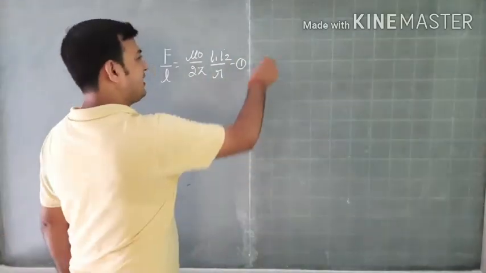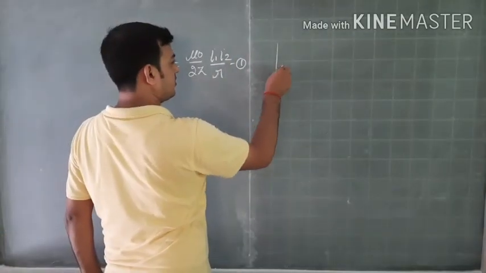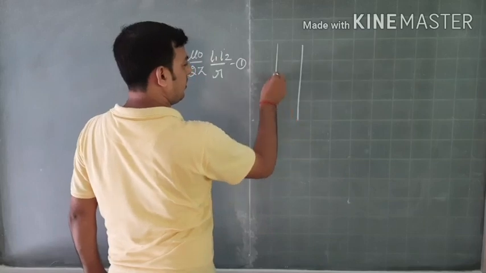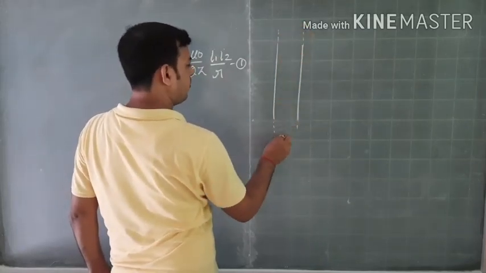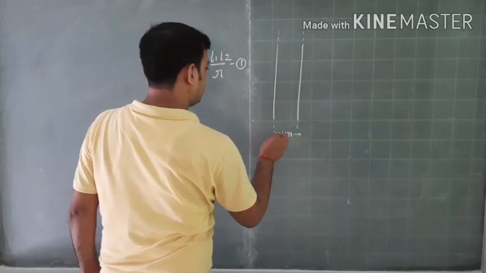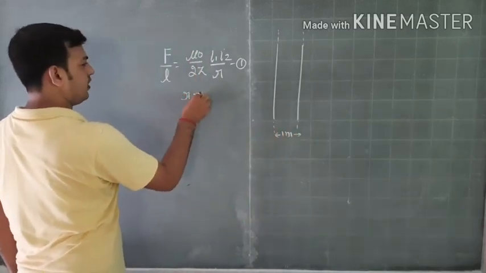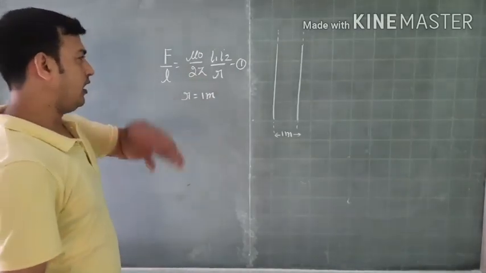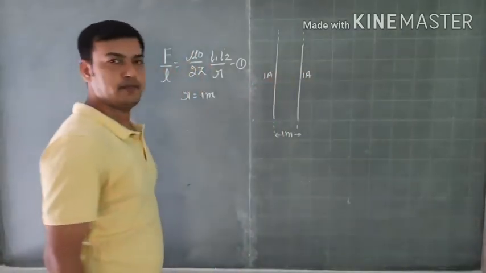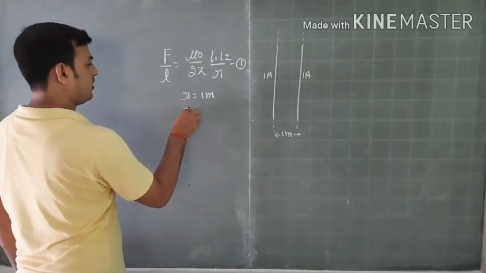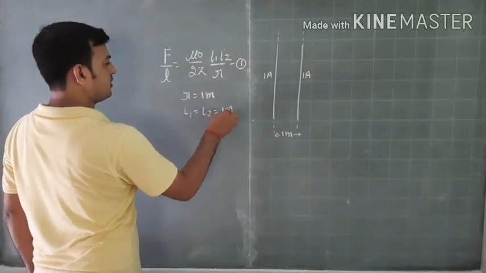Now I am considering the case that suppose the wires are placed at a distance of 1 meter from each other. So in that case my distance R is going to be 1 meter, and I will take the current on both the wires as 1 ampere. So my current is equal, and that is 1 ampere.